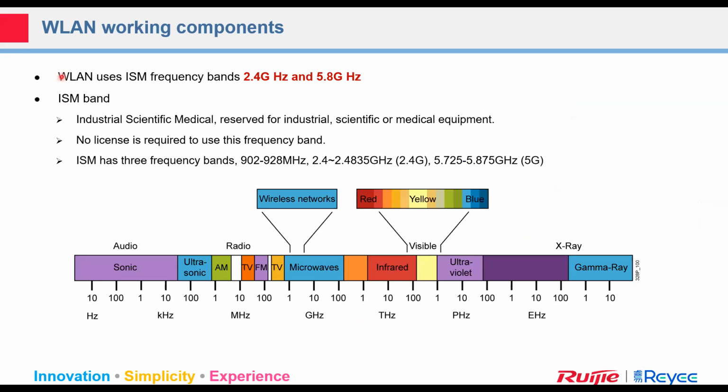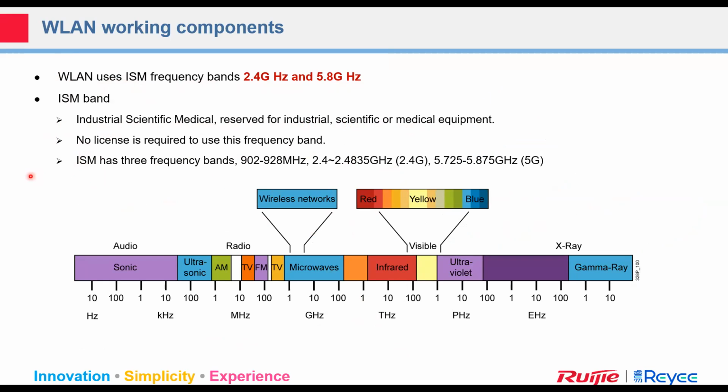WLAN is using the ISM frequency bands 2.4 gigahertz and 5.8 gigahertz. ISM is industrial, scientific, medical, reserved for industrial, scientific or medical equipment. This frequency band requires no license.